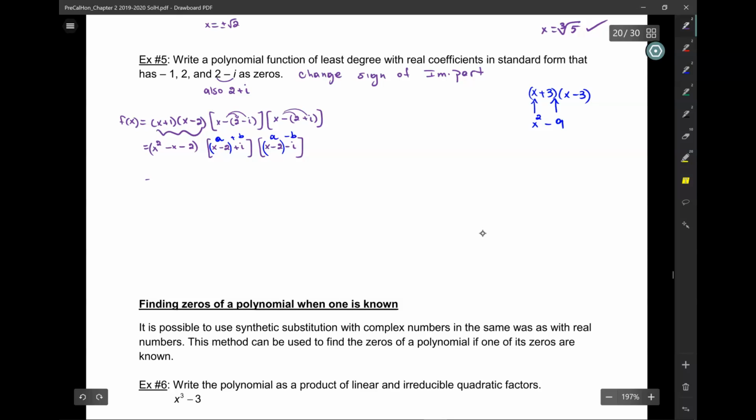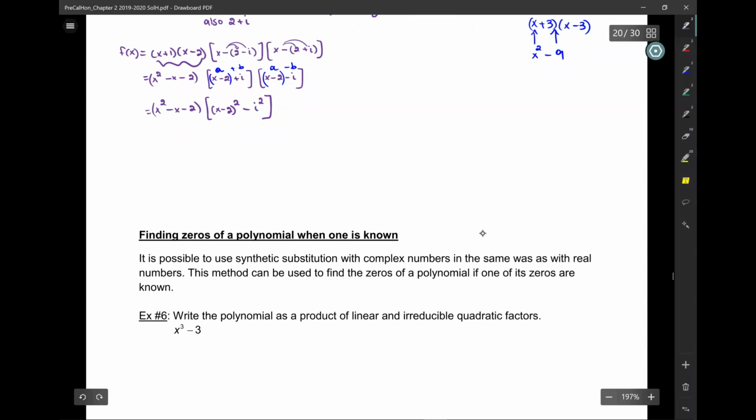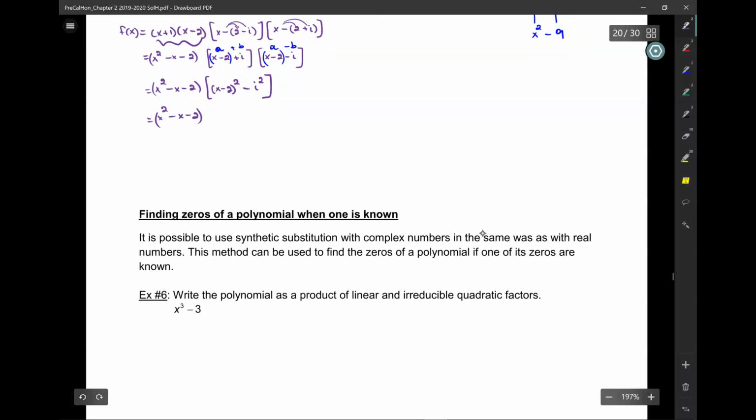So let's see what we have. Here I have x squared minus x minus 2. And then here I have the first term squared, and then the second term squared, with a minus in the middle. What's this?